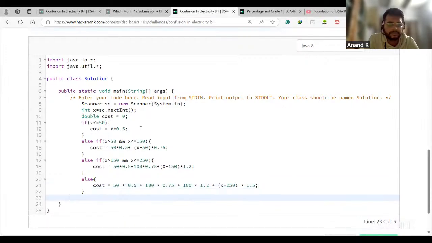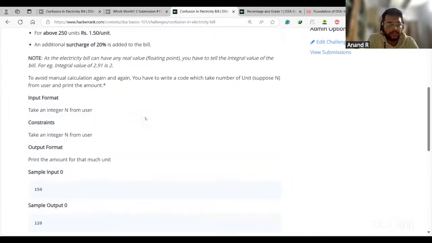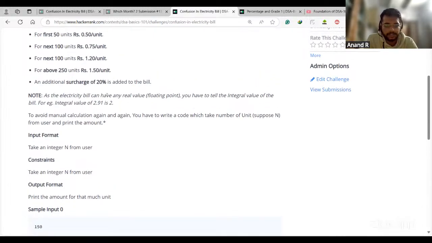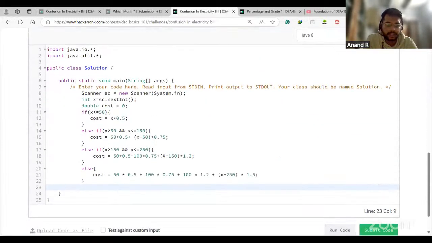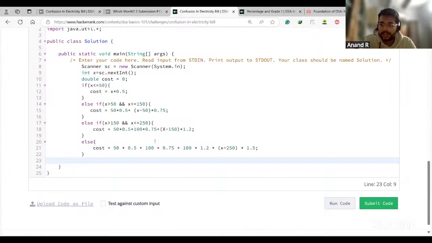Now, if you read the problem statement, what does it say? An additional surcharge of 20% is added to the bill. So can I say that the surcharge is added irrespective of condition, whether it's the first if, second else if, third else if, or else block?